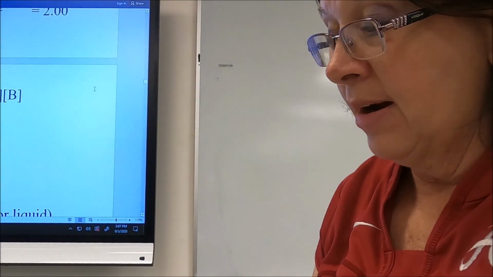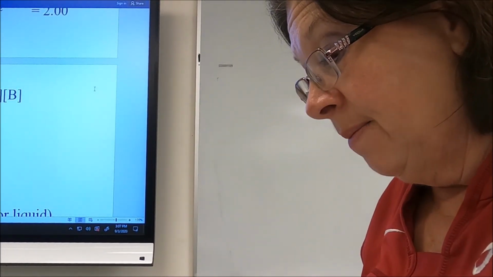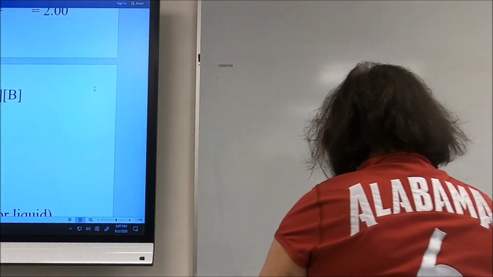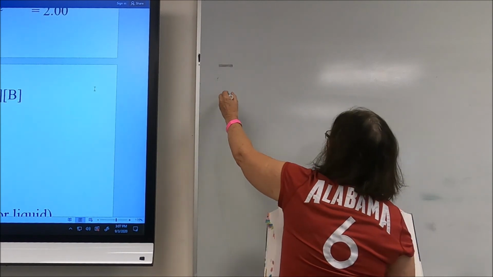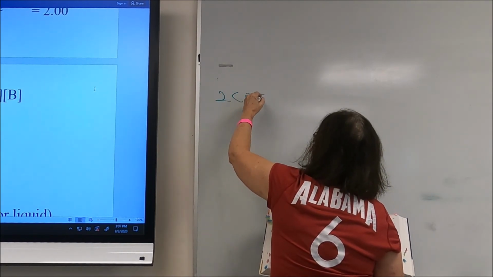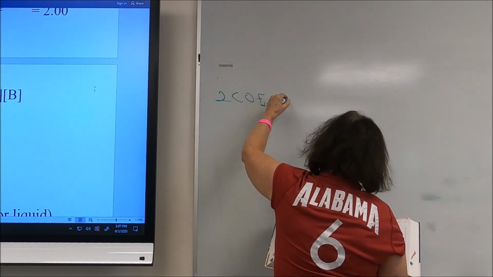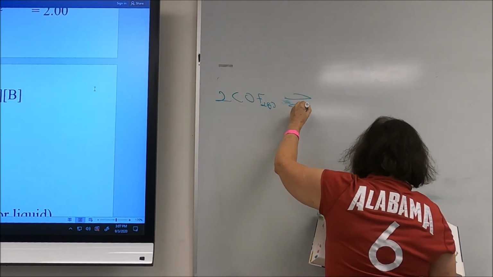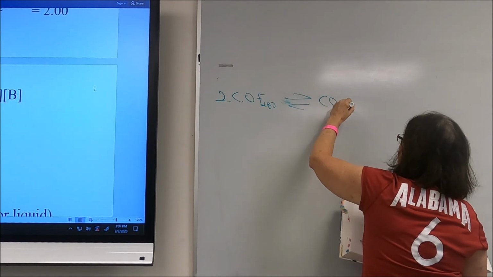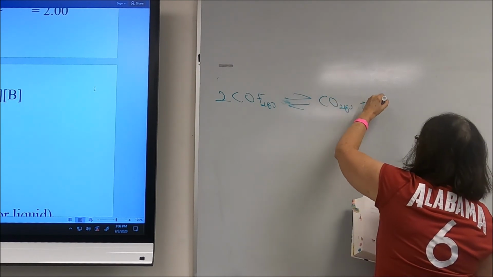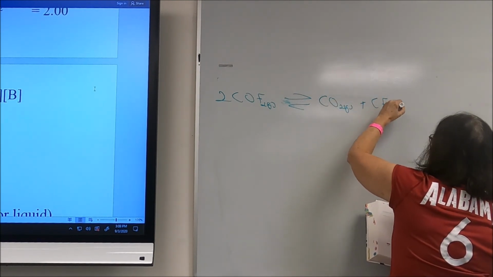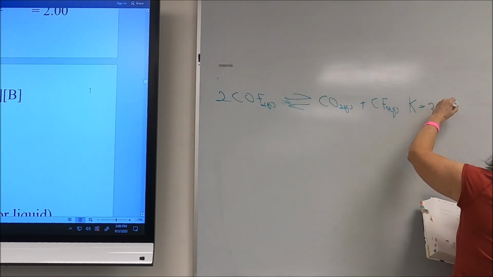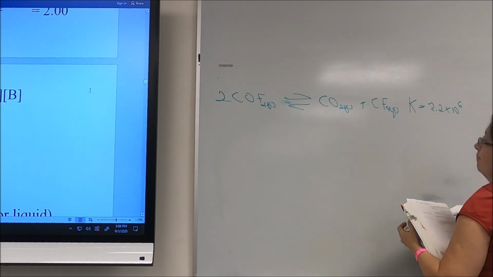Now, if we look at the practice problem, we are given the following reactions. We're given 2 carbon monoxide difluorides, gas, decomposing into carbon dioxide, gas, and carbon tetrafluoride, gas. And the equilibrium constant here is 2.2 times 10 to the 6.